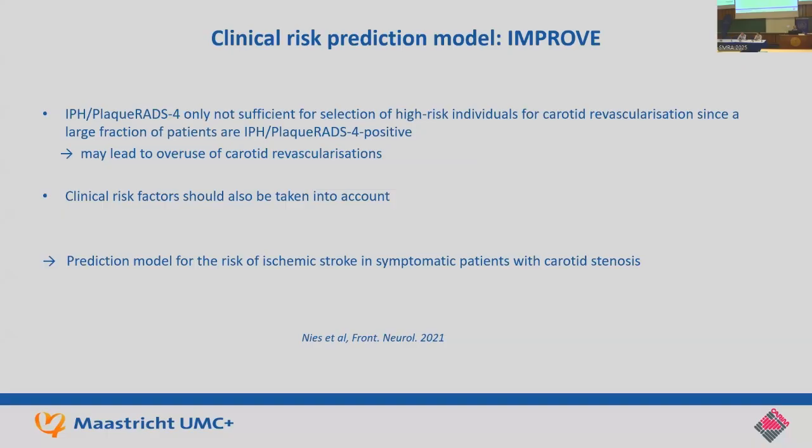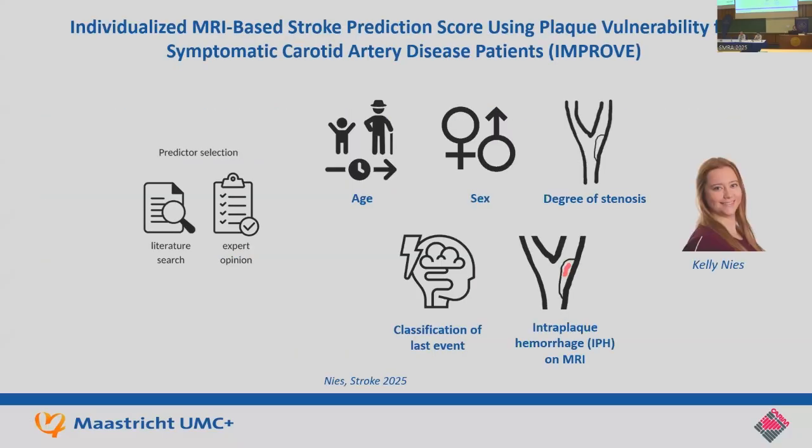So for example, in the Paris population with patients with mainly mild carotid stenosis, the prevalence of intraplaque hemorrhage was already 37%. So if you would select all these patients for surgery, it may lead to an overuse of carotid revascularization. So therefore, we aim to develop a clinical prediction model to calculate the ischemic stroke risk in symptomatic patients with carotid stenosis.